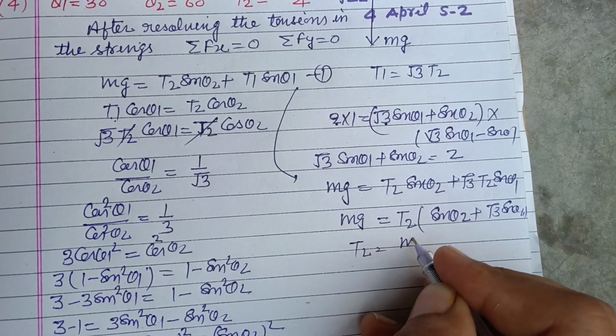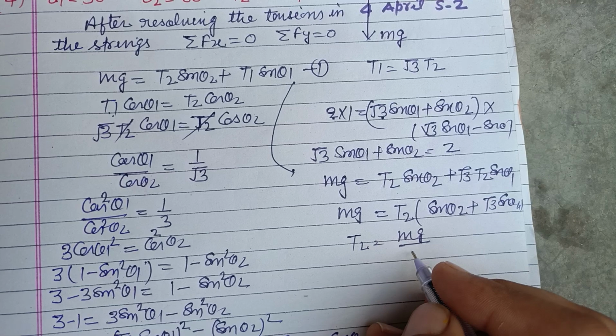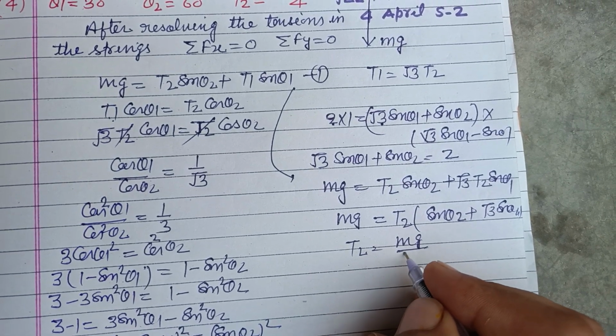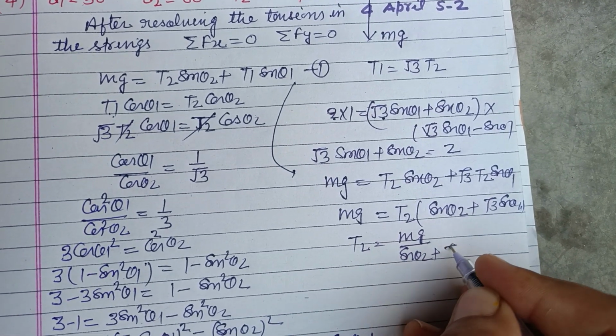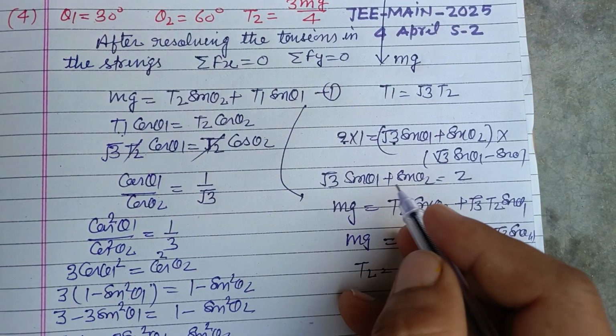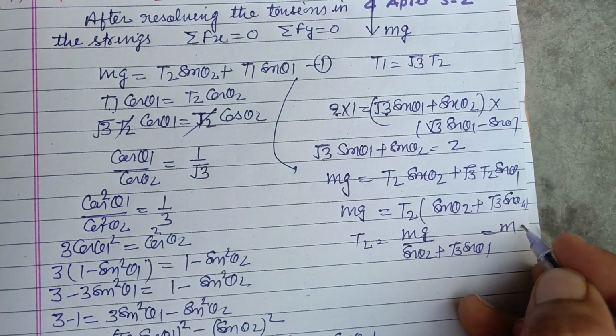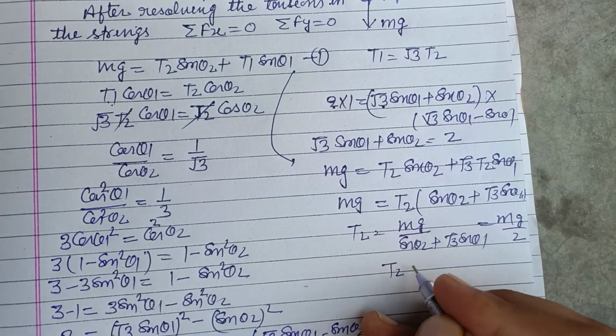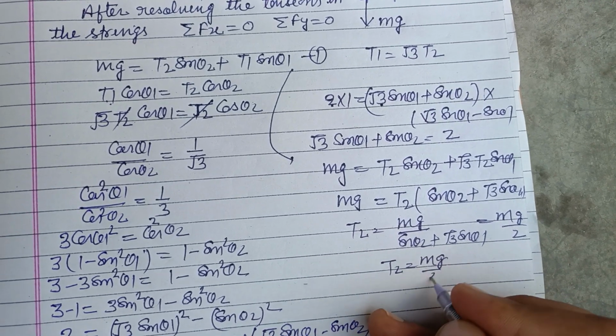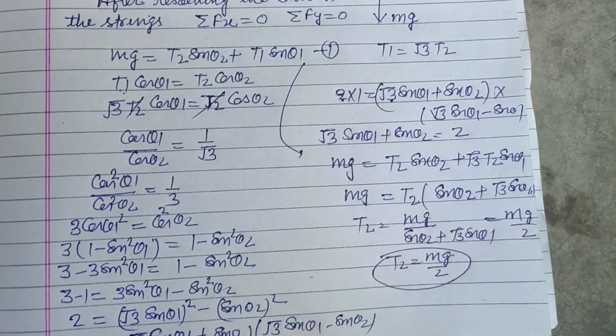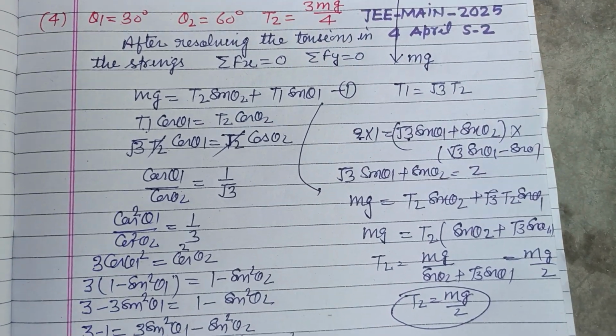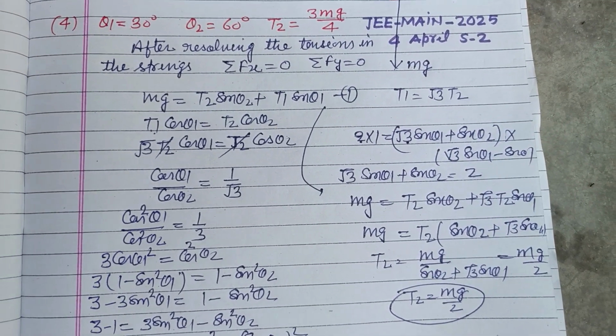Therefore T2 equal to mg upon (sin theta 2 plus under root 3 sin theta 1), which is equal to 2. So this is mg by 2. We got T2 equal to mg by 2. Okay.